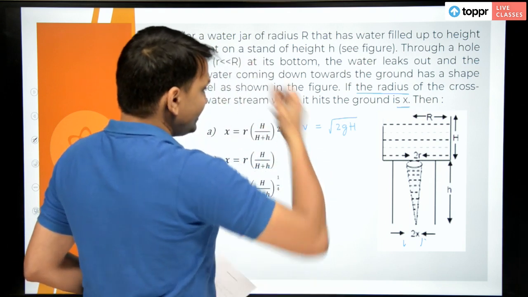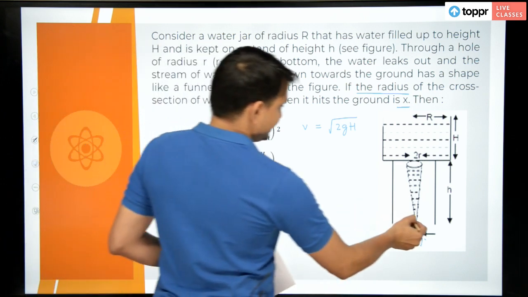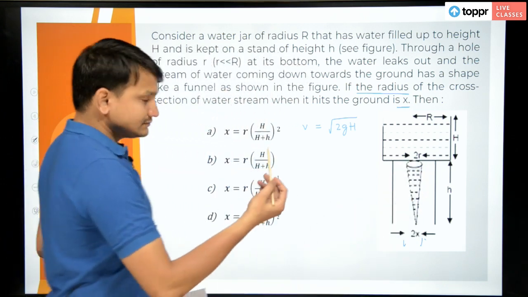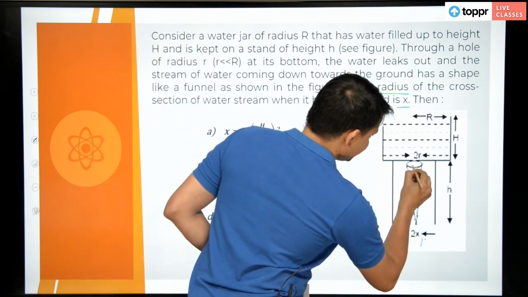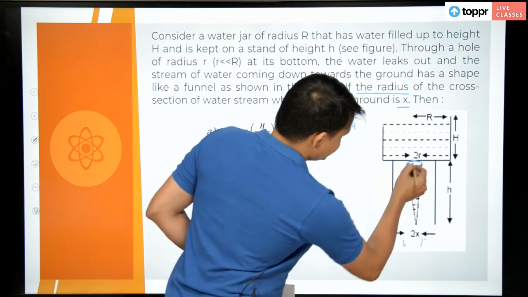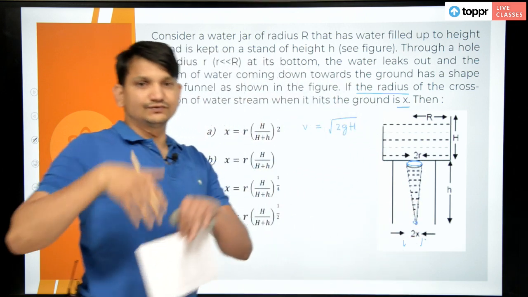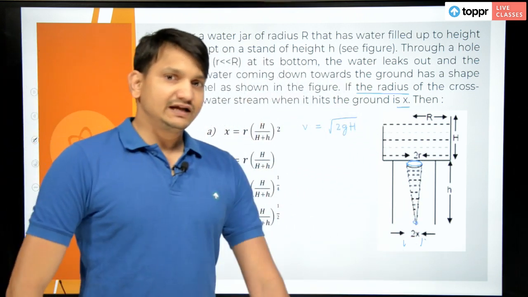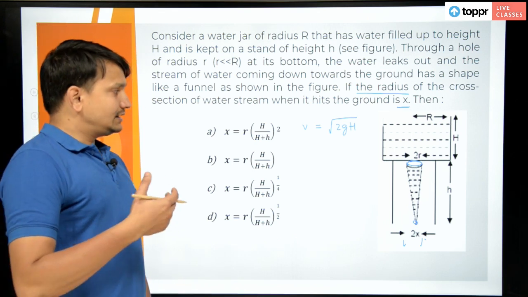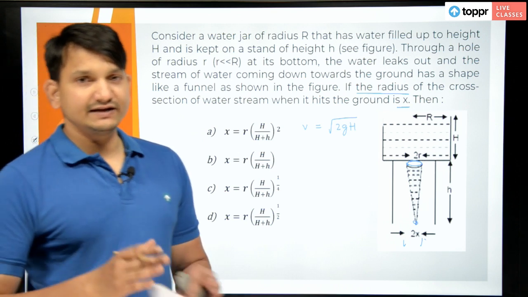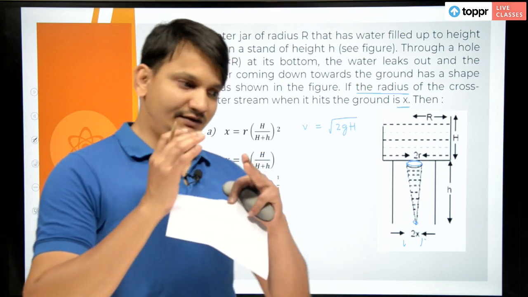Now, if we consider the distance from here to here, the difference in conditions: there is some circular hole here and there is some circular section here through which water is passing through. Whatever we are doing, the change in speed is related with the change in the cross section of the fluid flow.